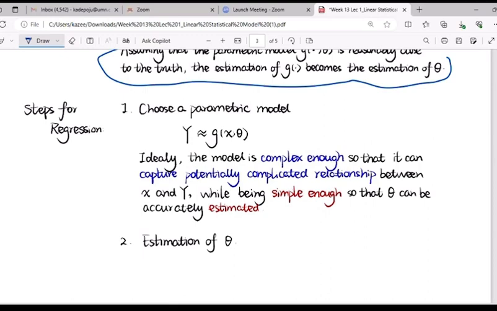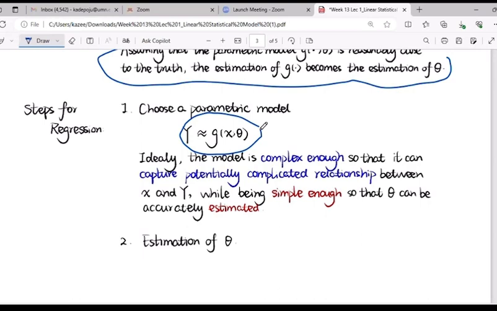If I'm seeking that, I'm going to start with the specification of my parametric model. My parametric model could be linear, quadratic, or exponential. How am I going to know? I'm going to do plotting, scatter plots. Does that make sense? It gives me a sense of what the functional form is going to be.